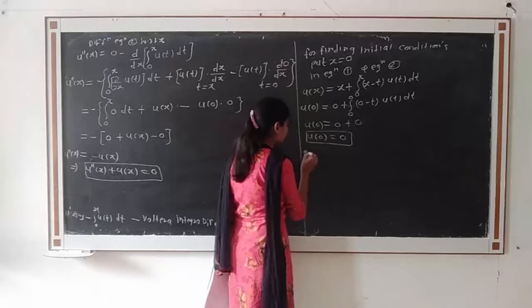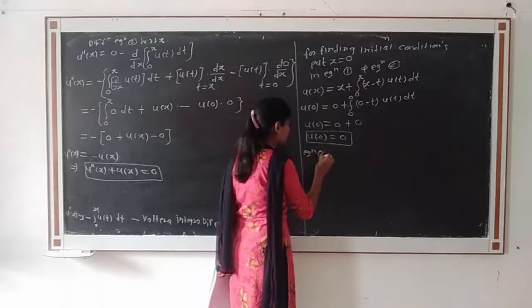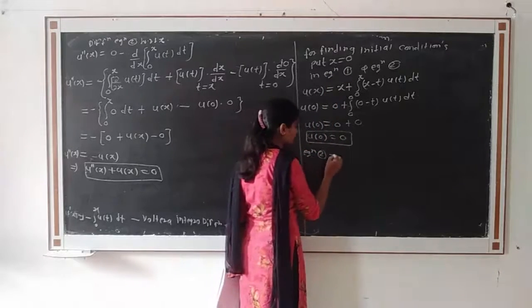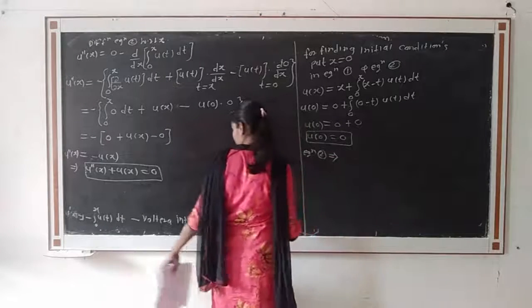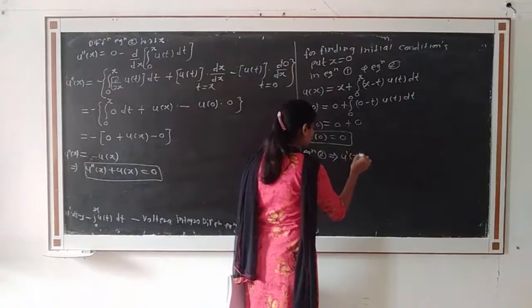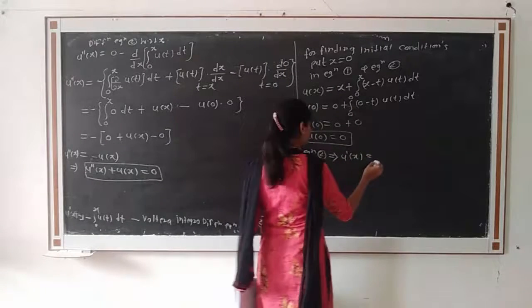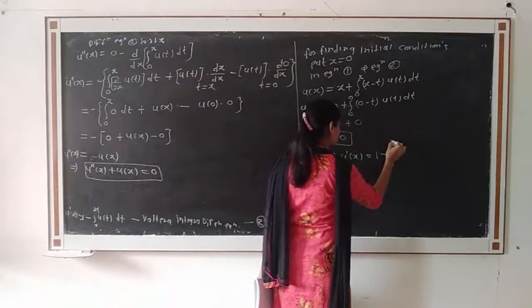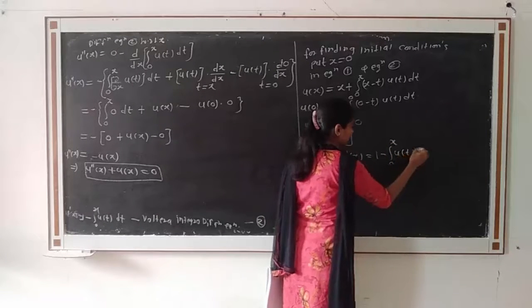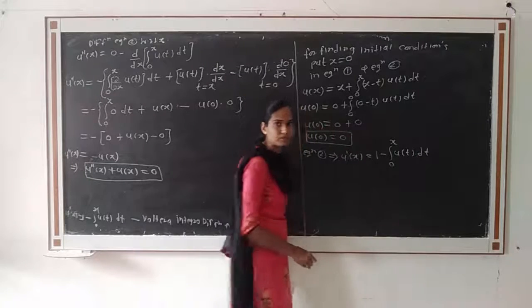Similarly, we put x is equal to 0 in equation number 2. Equation number 2 is u dash of x is equal to 1 minus integration from 0 to x of u of t dt.